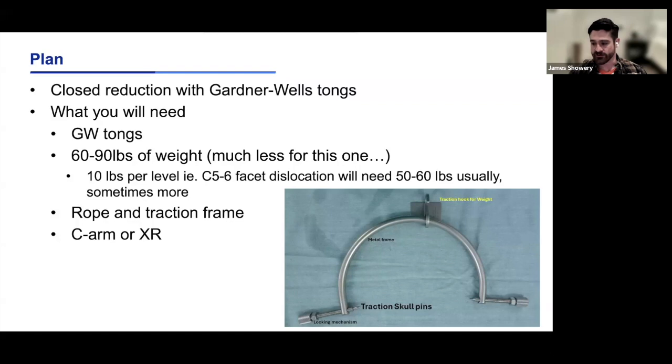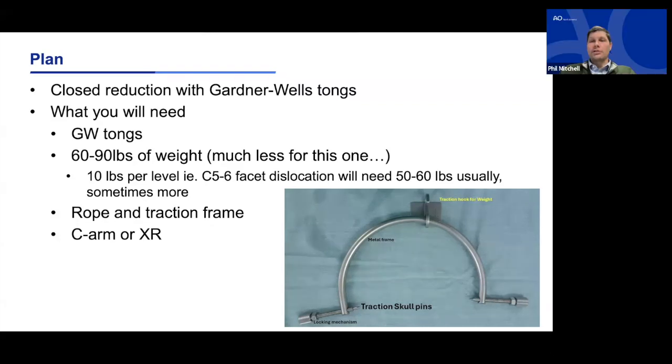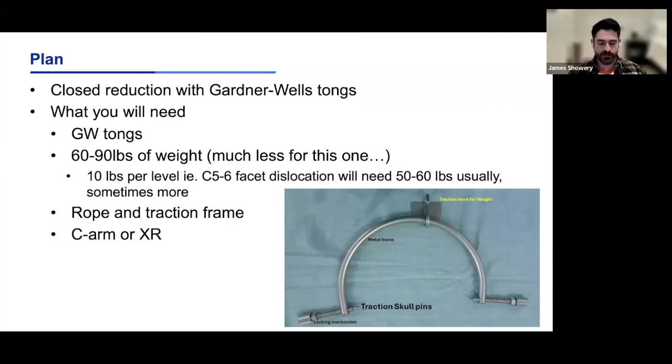You don't want to over distract somebody and potentially worsen their spinal cord injury. Because then it would pull tension across their spinal cord. Correct. Could worsen their injury.